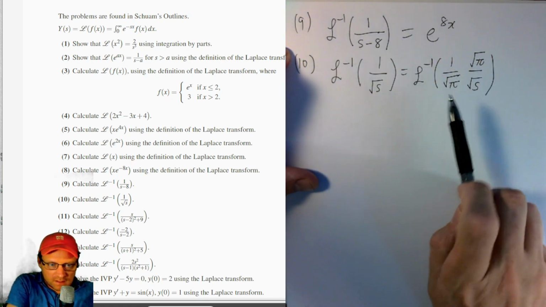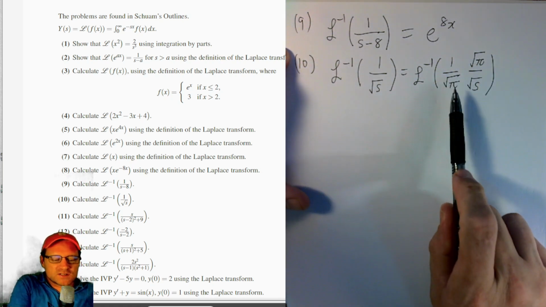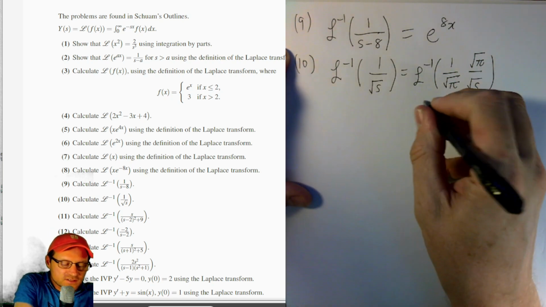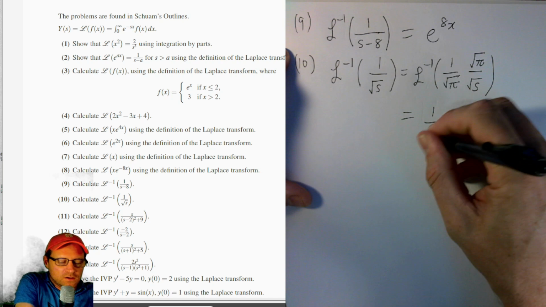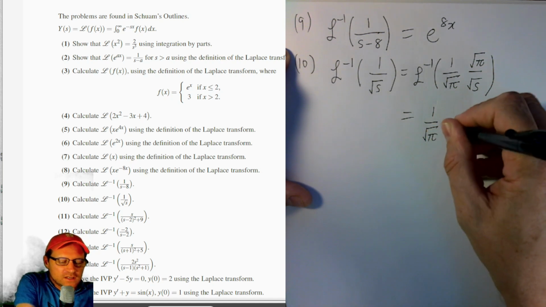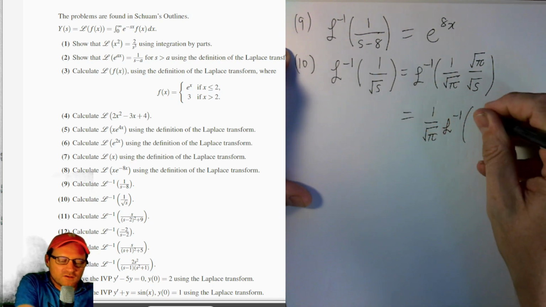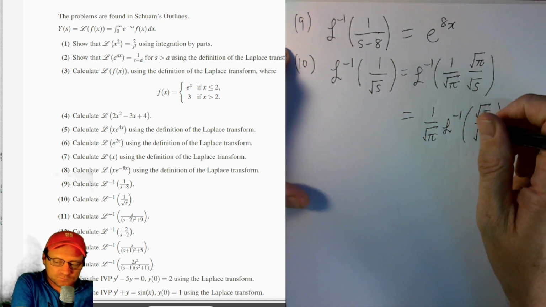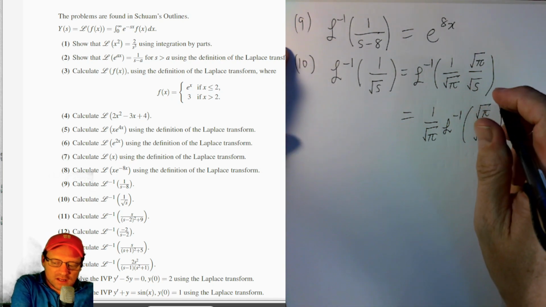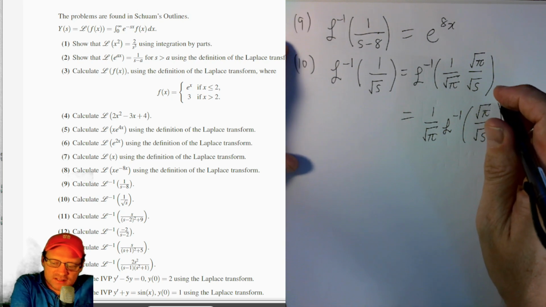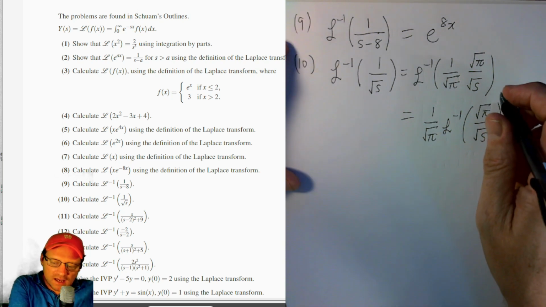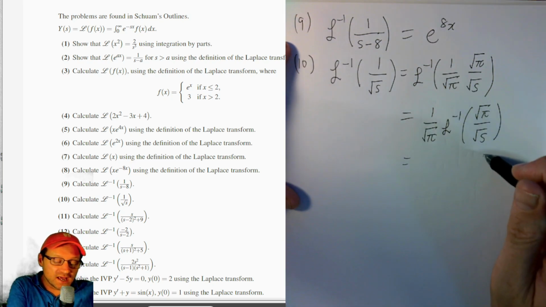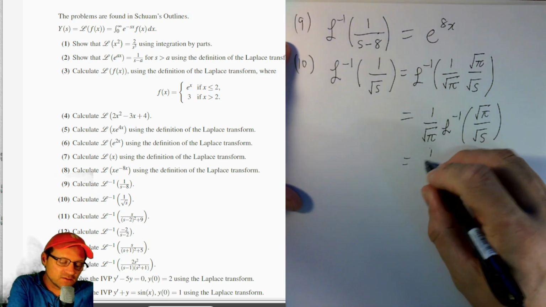And then this 1 on root pi can come through that operator, Laplace inverse. So we have 1 on the square root of pi, inverse Laplace transform of the square root of pi over the square root of s. Okay, and then in a lookup table, you can look this up.